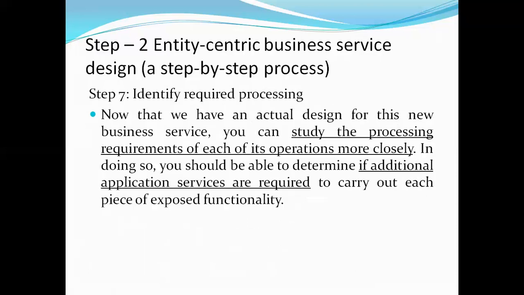And the last phase of service centric business service design is identify the required processing. So identify the required processing on that candidate service. So study the processing requirement of each of its operations more closely. I am showing you how these operations are performed with the help of case tools.